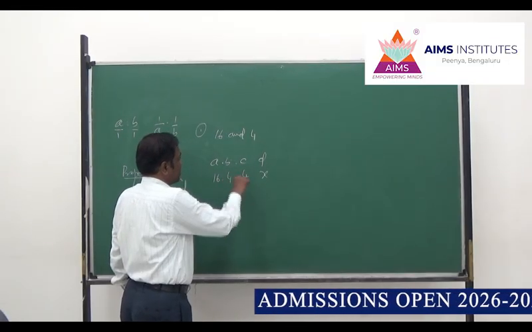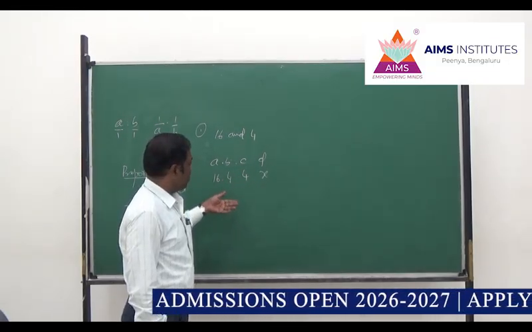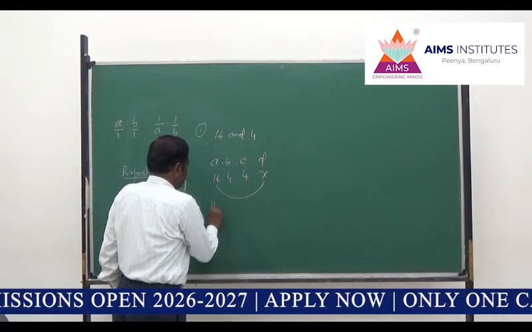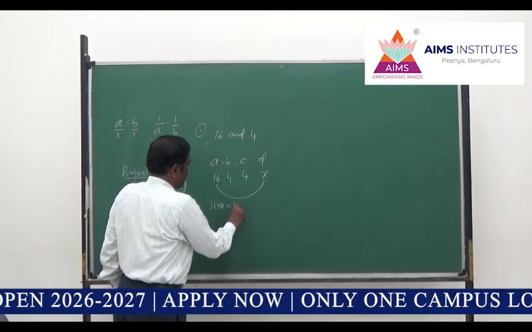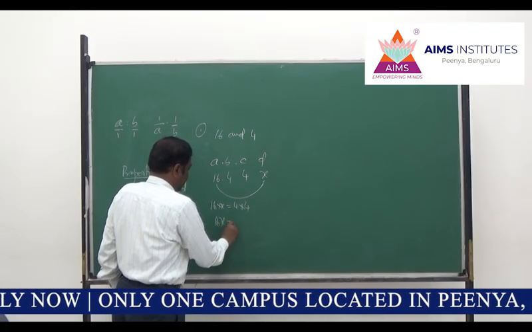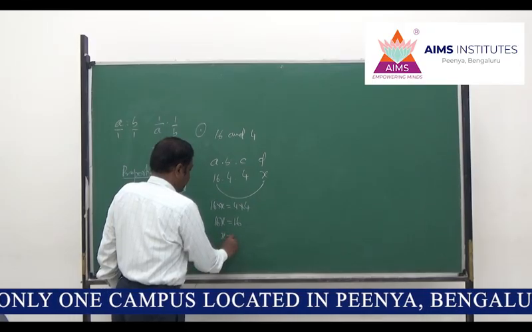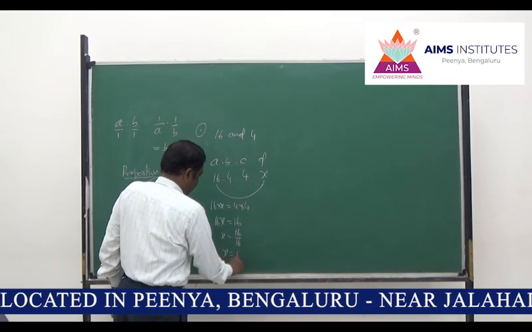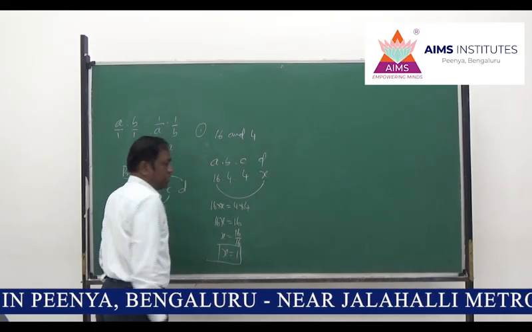Now we can read this as the third. Keep it simple, don't remember too much. 16 into x is equal to 4 into 4. So 16x is equal to 16. What is the x value? 16 by 16, so the x value is 1.